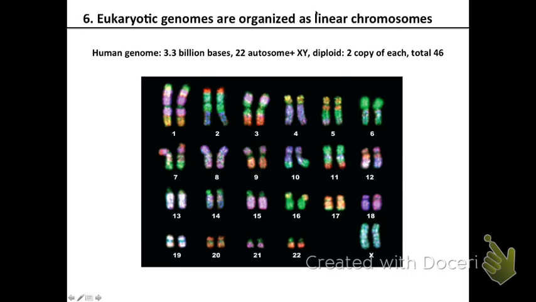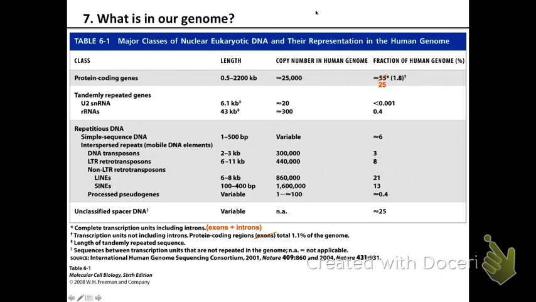Any chromosome other than the sex chromosome is called an autosome. So we have 22 autosomes and 2 sex chromosomes, X and Y. The females have 2 X chromosomes and the males have an X and a Y chromosome. So each of us has a total of 46 chromosomes. That's 23 pairs. All right.